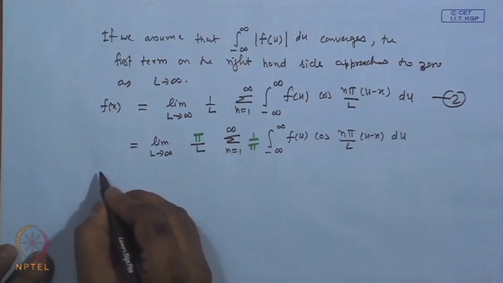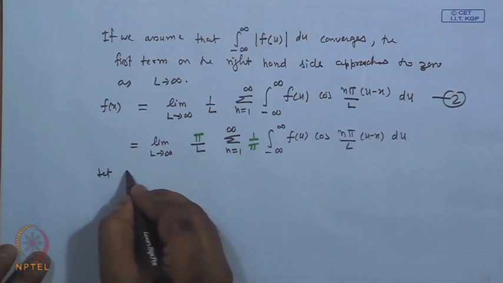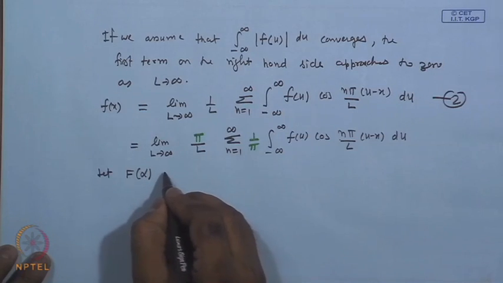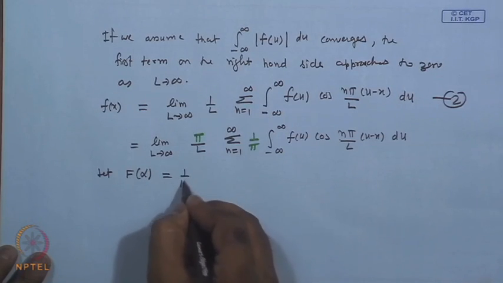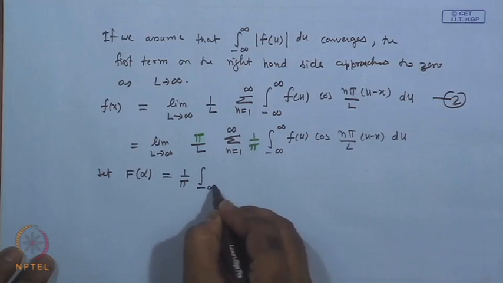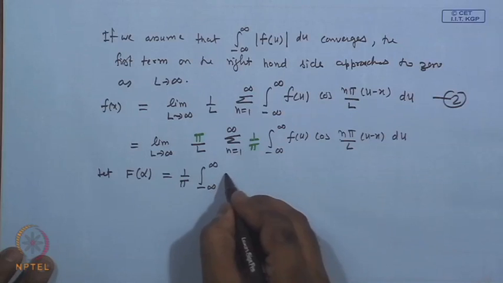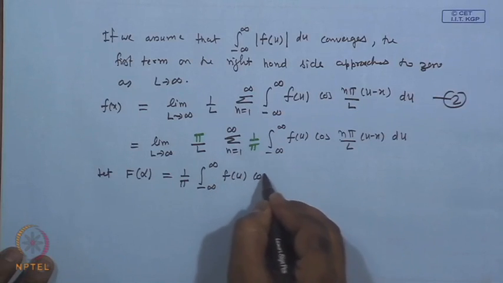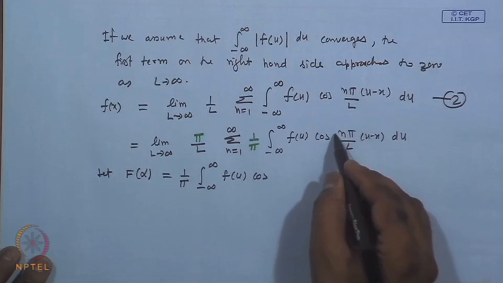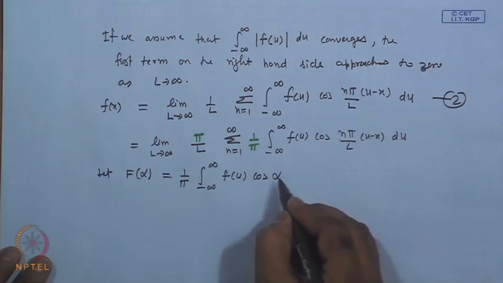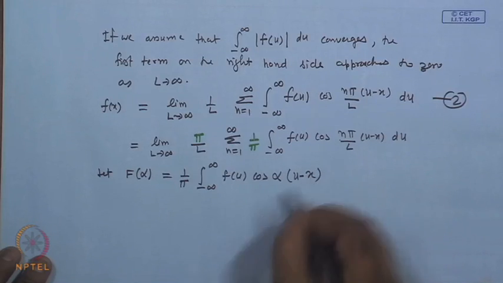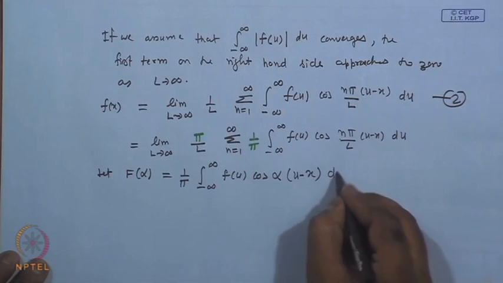Now, just for simplicity, we assume that f(α) is 1 over π times the integral from -infinity to +infinity of f(u) cos(α(u - x)) du.